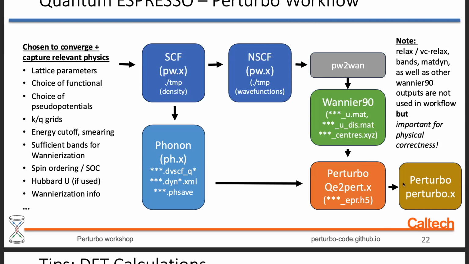And then that can be used to calculate further quantities in Perturbo. And so I'll say that there are some codes like relax and matdyn that are not directly used here, but it is important when you're doing your own calculations to look into these things to make sure everything is physically correct.